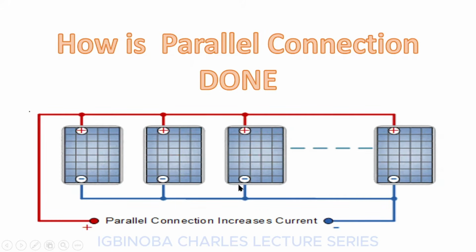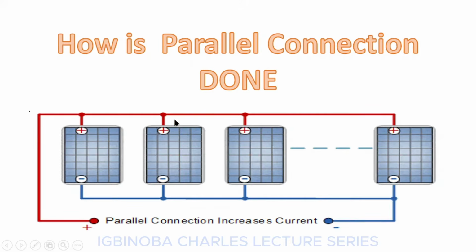How is parallel connection done? Let us see these four panels that are here. We have panel 1, panel 2, panel 3 and panel 4. To connect panels in parallel, the positive of the first panel is connected to the positive of the second panel.